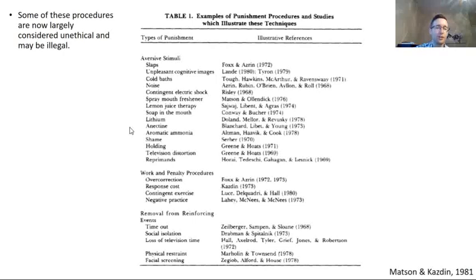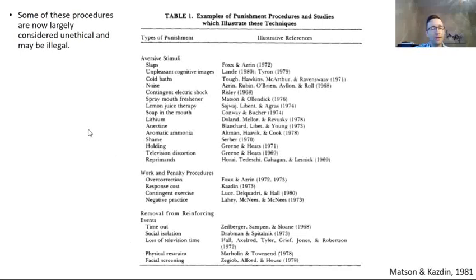So there was pressure, at this time, in the 60s and the 70s, for behavior analysts to develop procedures that would help people for whom nothing else worked. And then work and penalty procedures such as overcorrection, response cost, contingent exercise, negative practice, and then some additional ones: facial screening. You won't see that anymore.